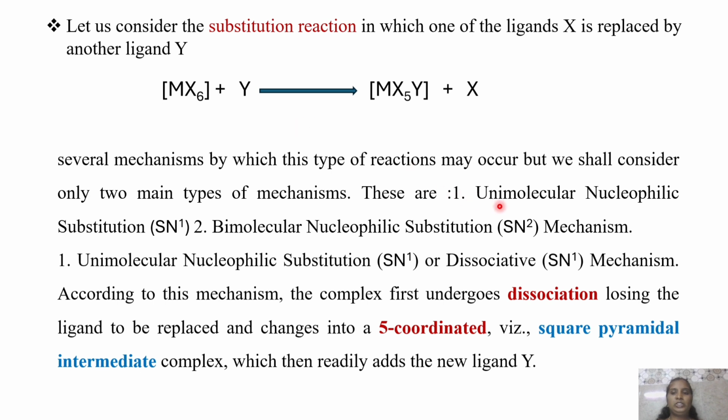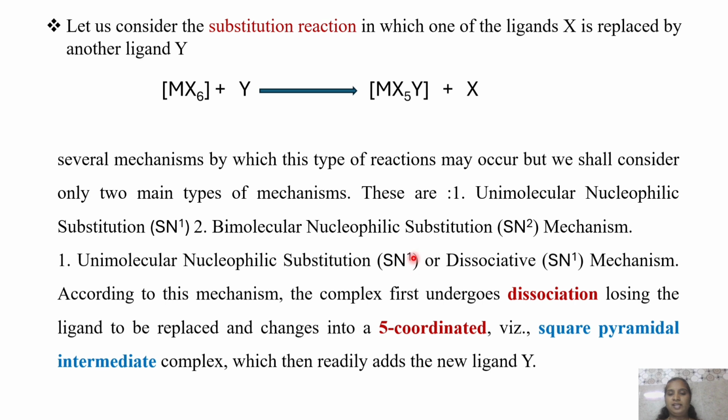One is unimolecular nucleophilic substitution. The second type of mechanism is bimolecular nucleophilic substitution mechanism. First we deal with the unimolecular nucleophilic substitution, otherwise we can say the dissociative SN1 mechanism.